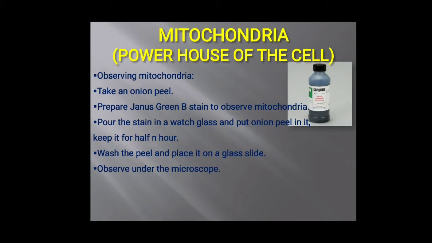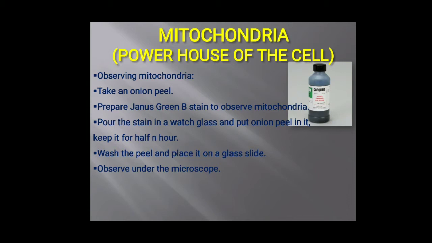Besides nucleus, cell wall, cell membrane and cytoplasm, the most prominent and important cell organelle inside a cell is mitochondria. Mitochondria is also called powerhouse of the cell. So, there is a small activity to observe mitochondria in the plant cells.